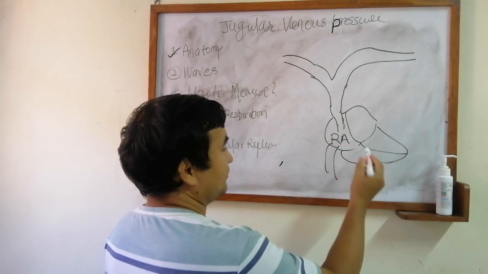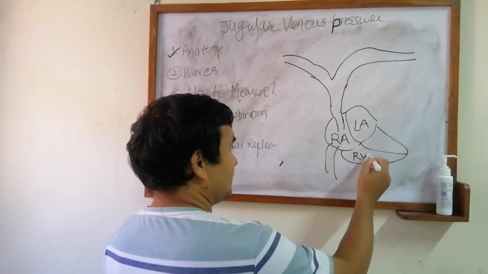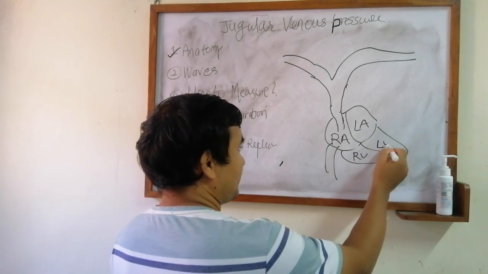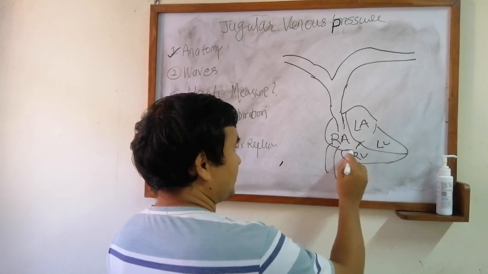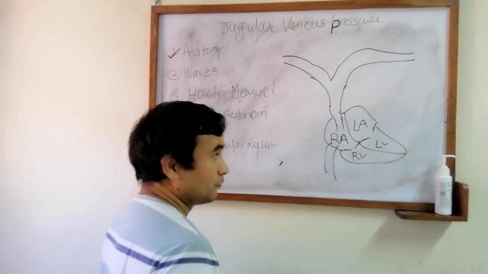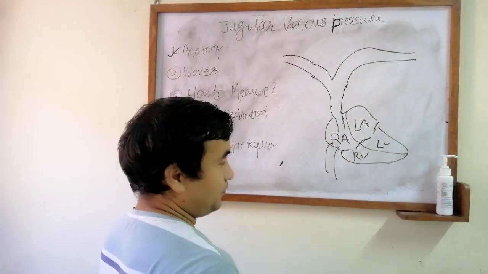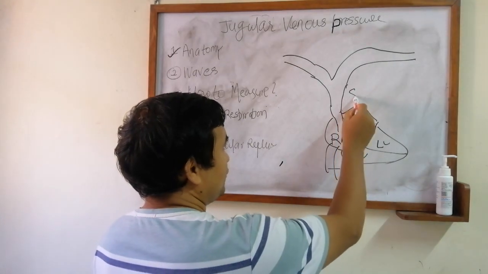This is the right atrium, this is the left atrium, this is the right ventricle, and this is the left ventricle. This is the tricuspid valve, this one is the mitral valve. In the right atrium there is drainage of the inferior vena cava as well as the superior vena cava.